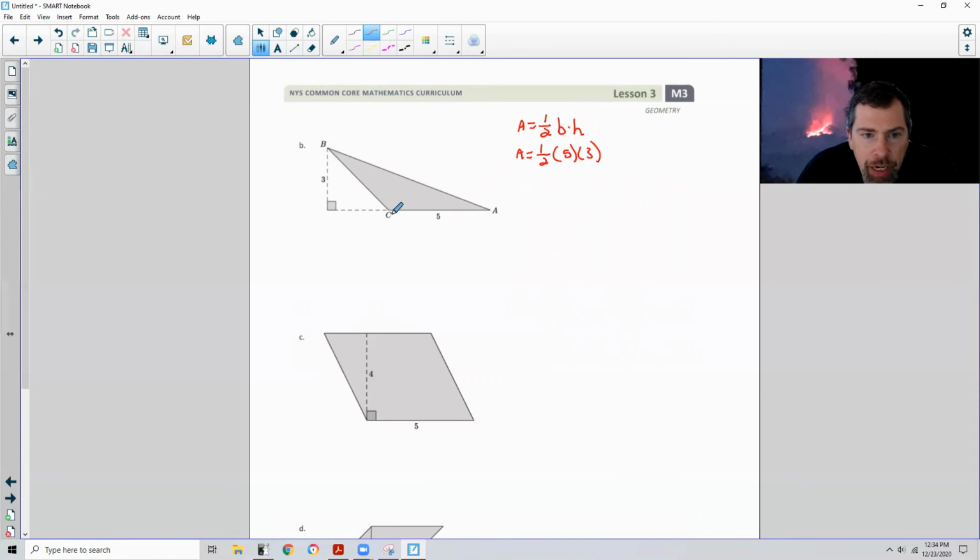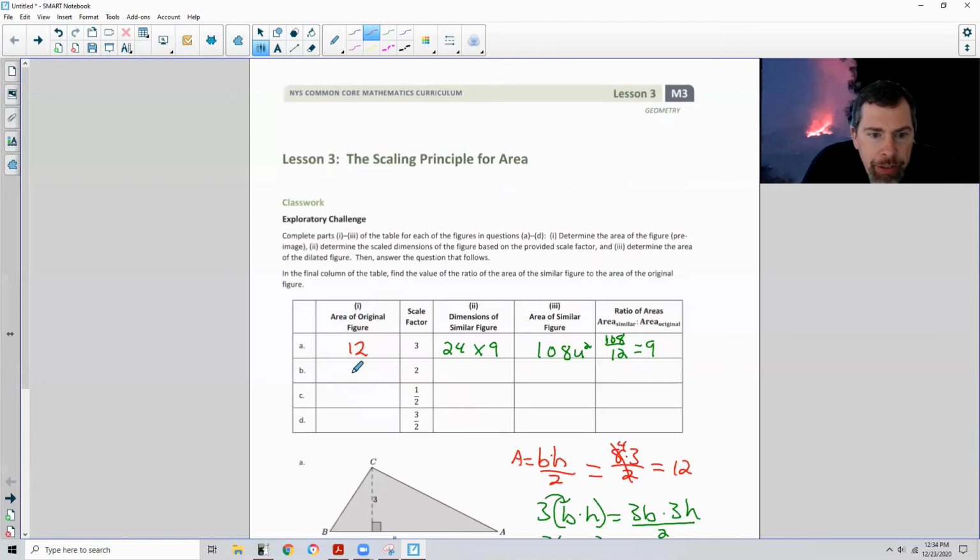The base is 5, the height is this right here, which would be over here as well. Okay, and so the area is 1/2 times 15. So the area is 7 1/2 or 15 halves. So I'll go back here and the area of the figure is 7.5.